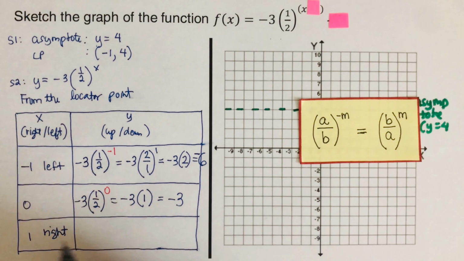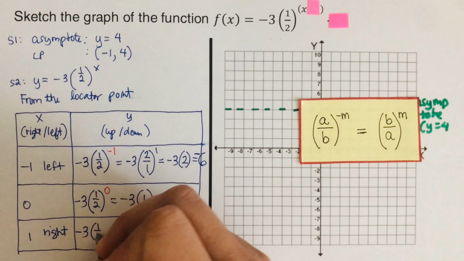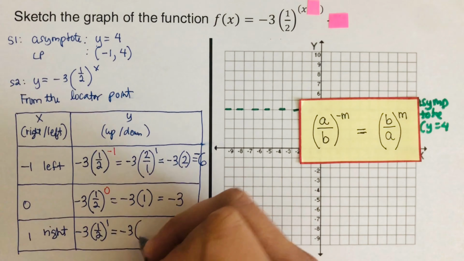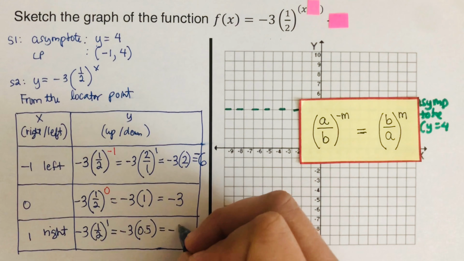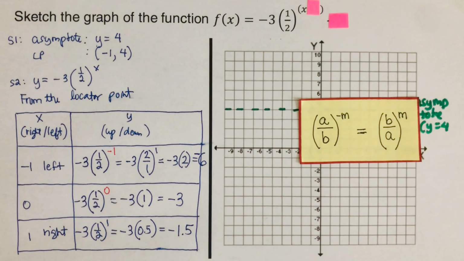And then I do the last row right here. Okay, so what I did was since this is 1 raised, this is already positive, we don't have to switch it. So I'm not switching this because it's already positive. So 1/2 is 0.5. So half of negative 3 would be 1.5, which is negative.